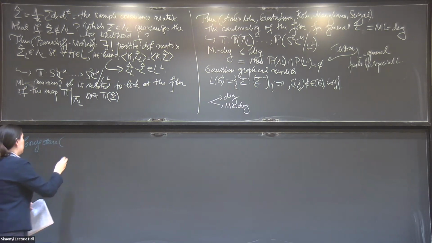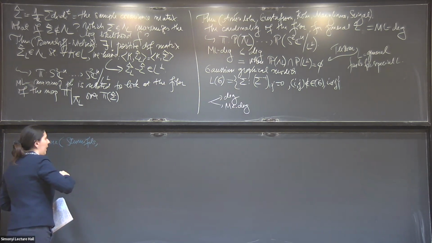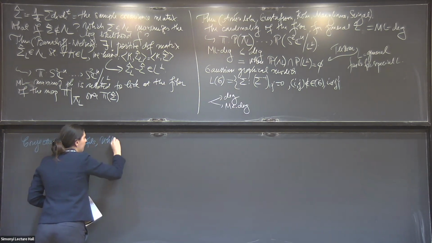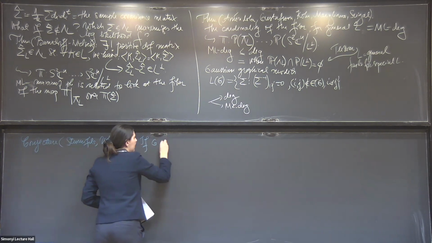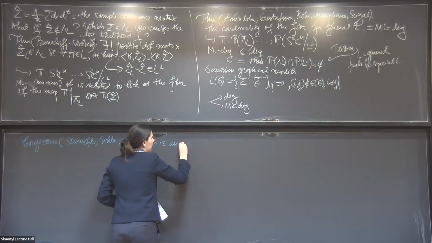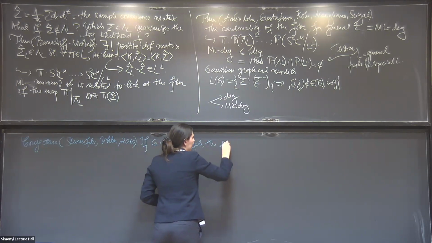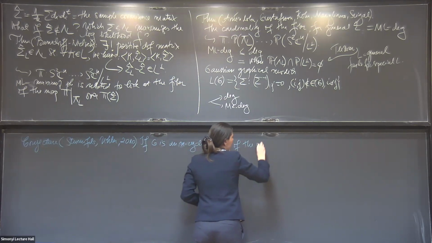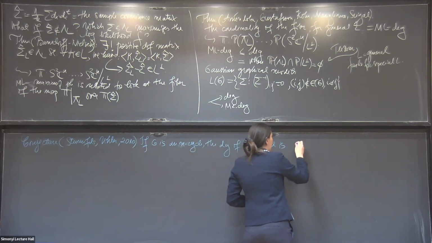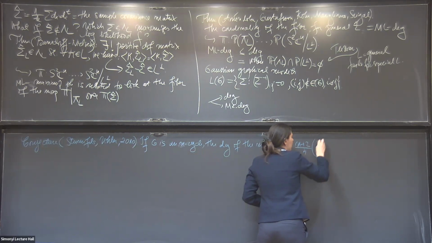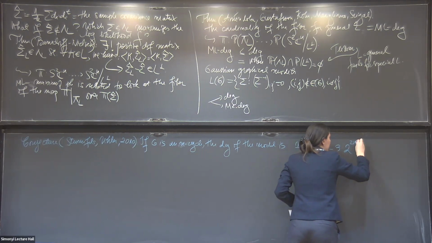The first one is due to Sturmfels and Caroline Uhler from 2010, saying that if G is an n-cycle, the degree of the model is given by the formula (n+2)/4 times (2n choose n) minus 3 times 2 to the power 2n minus 3.